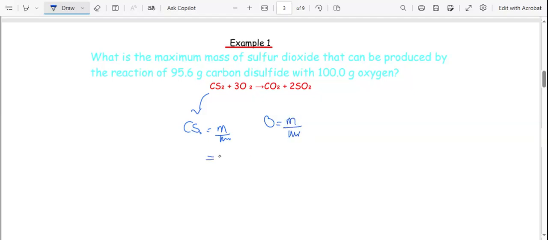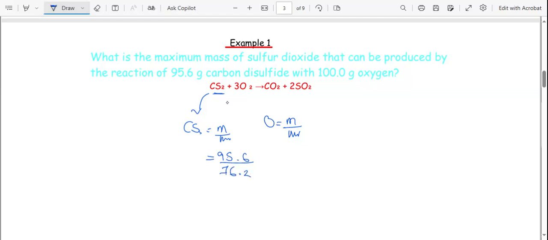So when you do that, the mass given there is 95.6. Then over we have the molar mass from the periodic table. You get carbon and also sulfur. So you find that it is 76.2, from the periodic table.